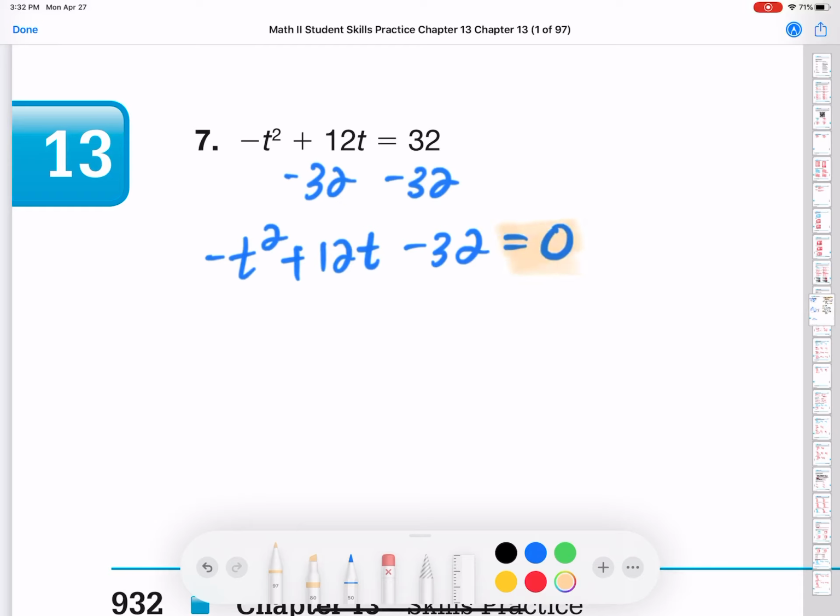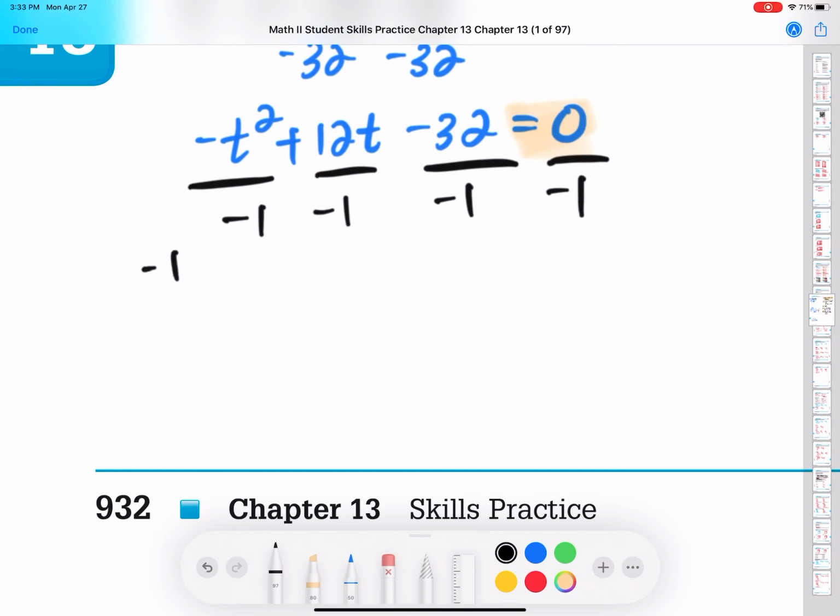Now I notice that I have a negative in the front and I also have another negative. Whenever you have a negative in the front, you can always factor it out and make your life a little bit easier. So I'm going to divide each term by -1 to factor it out. Because it's being factored out, you want to write it outside of your parentheses. Dividing by -1 only changes your sign.